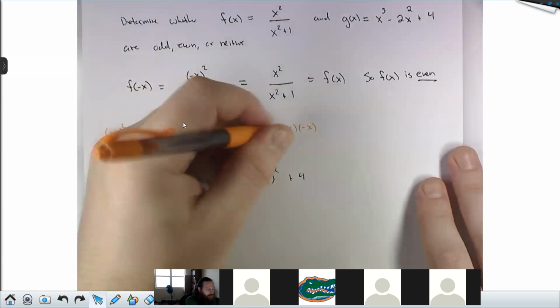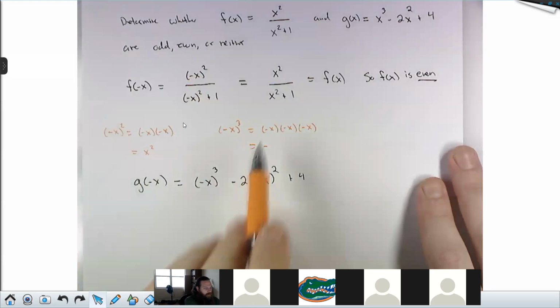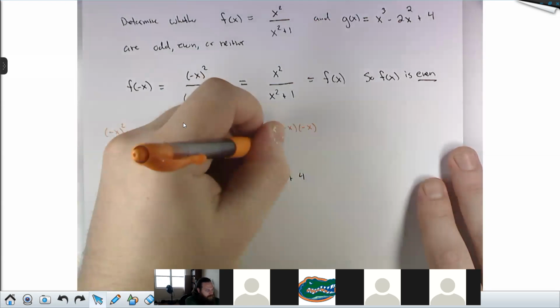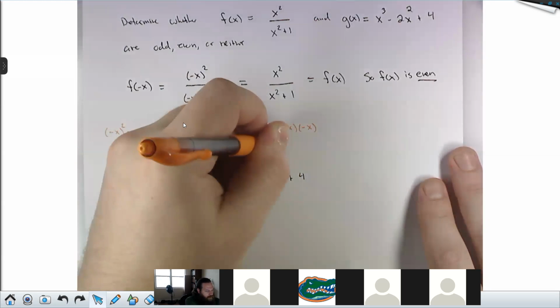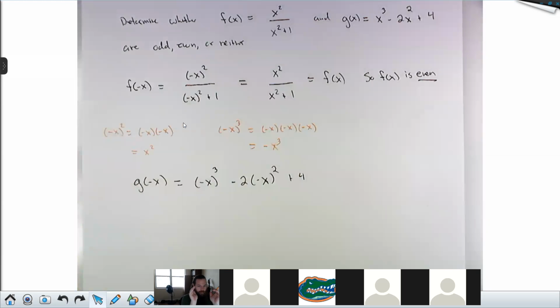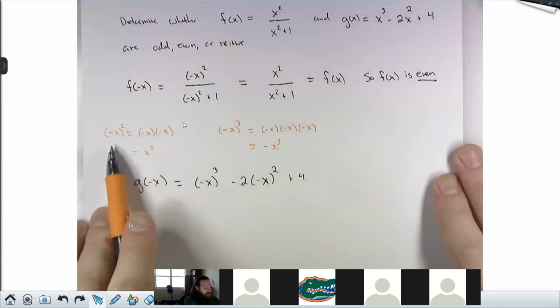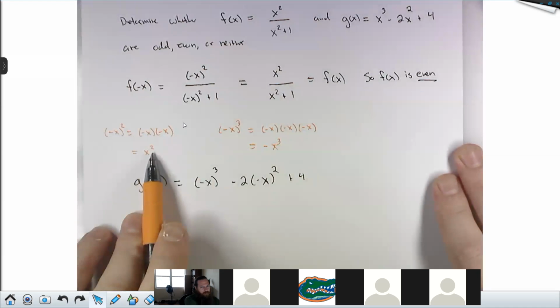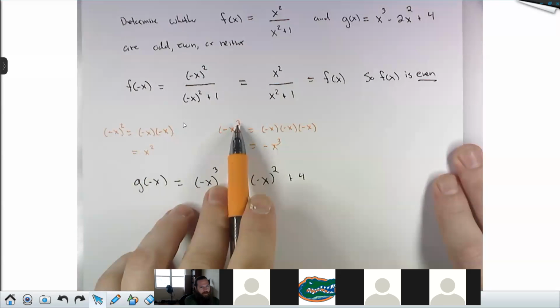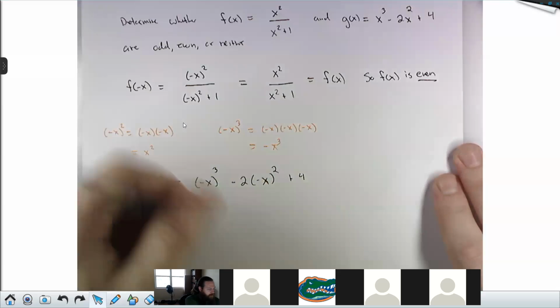That's 3 negatives multiplying together, so it's going to be negative at the end. And the thing that we get out is x times x times x. That's x cubed. So parentheses negative x cubed is the same as the negative of x cubed, right? The take-home message for this, by the way, is that if you raise negative x to an even power, it gets gobbled up. And if you raise negative x to an odd power, the negative gets spit out. That's the pattern here.